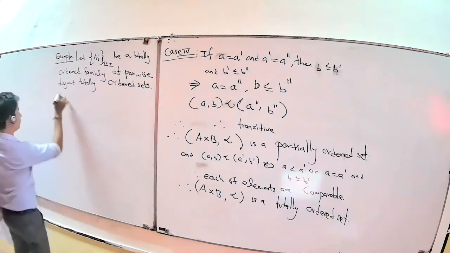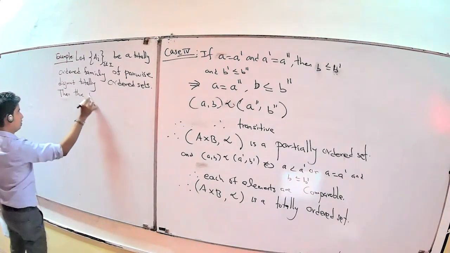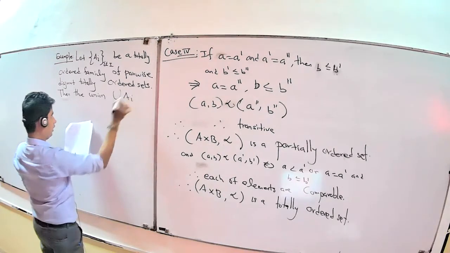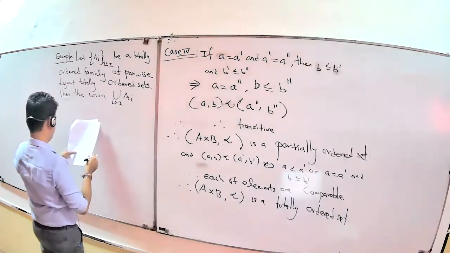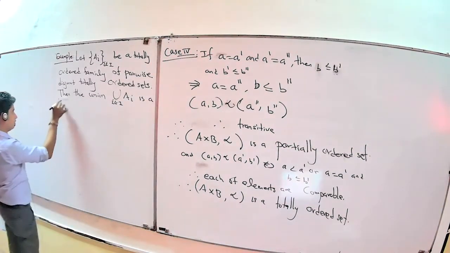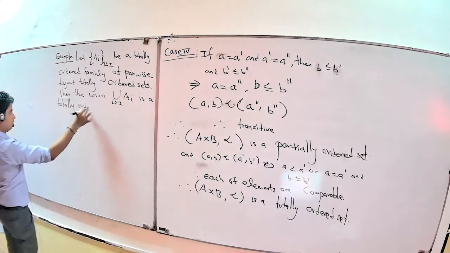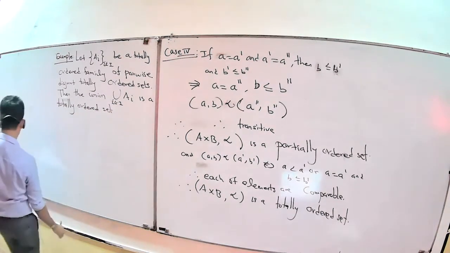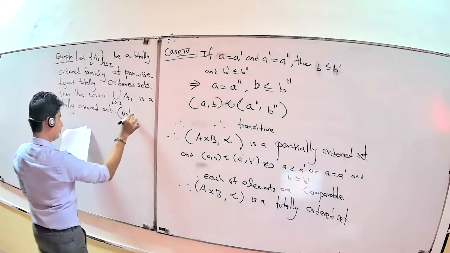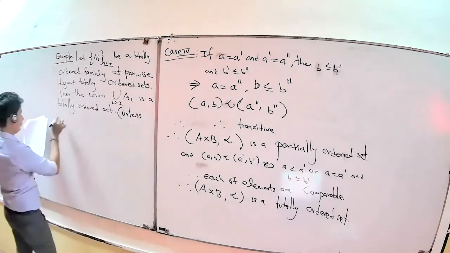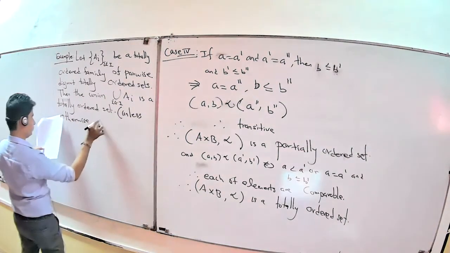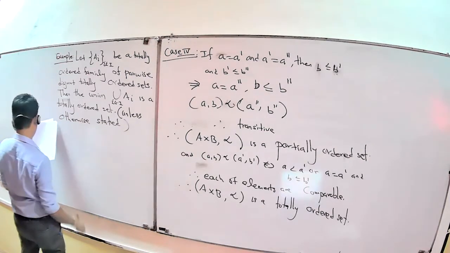Then the union of A_i, i belonging to the index set, is a totally ordered set, unless otherwise stated, as follows.